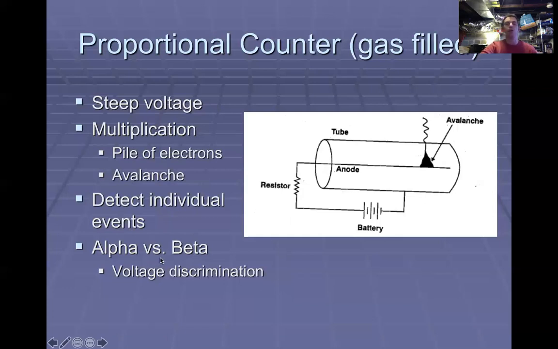Alphas are more biologically damaging, significantly more. So there's lower limits for acceptable contamination. So if you're in a facility that uses alpha emitters, you want to be able to quantify those specifically and separate them from any sort of beta signal that you have, in order to know that you are in compliance with the regulations and you are on top of any alpha contamination that may exist.